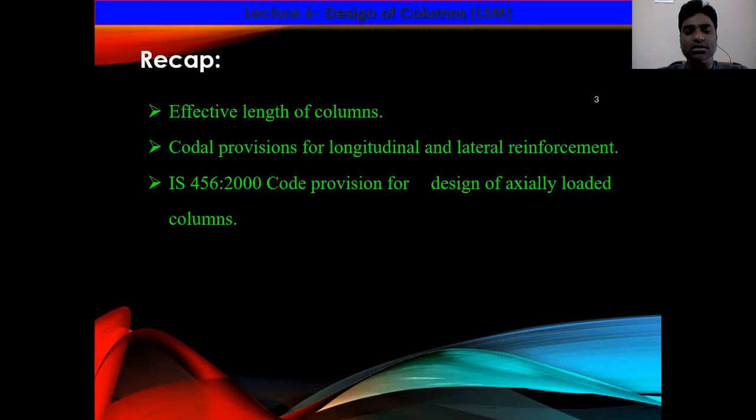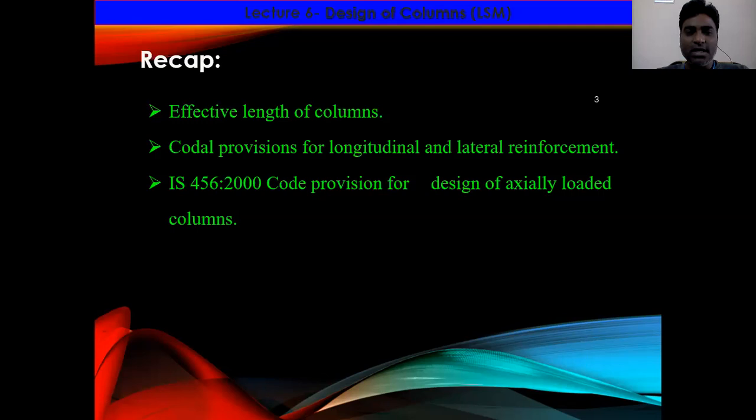Because it depends upon the type of support conditions, the effective length will change. We saw one table given by IS 456, with theoretical values as well as recommended values, and we discussed the difference between these two values.